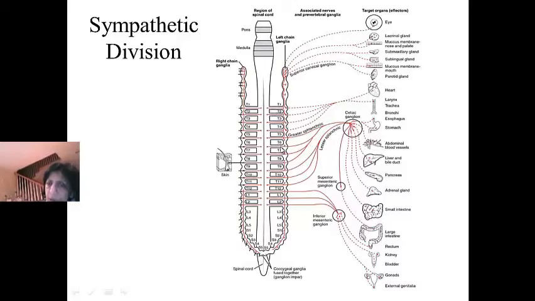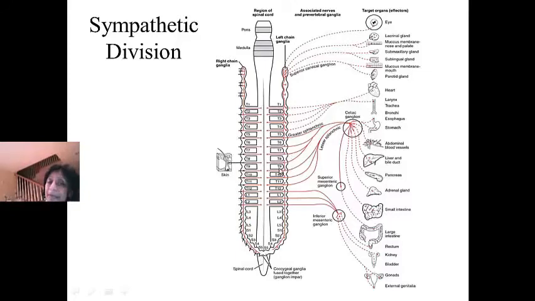There are so many ganglia together that they are actually interconnected and form a chain of ganglia. So on either side of the spinal cord, you see a chain of ganglia that could be called the sympathetic chain ganglia.